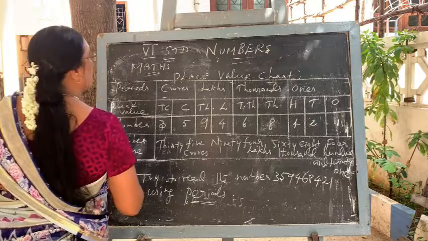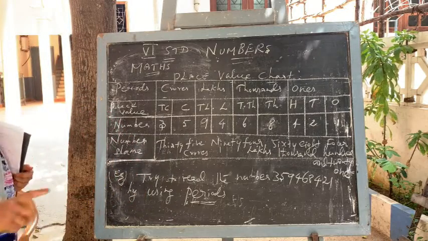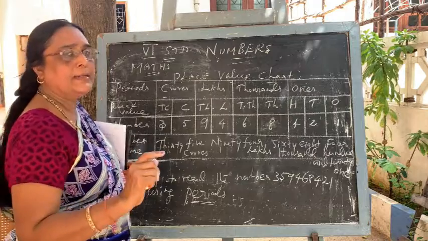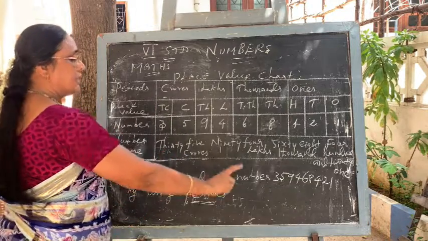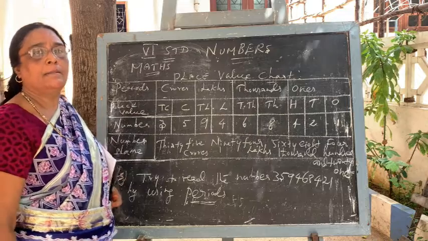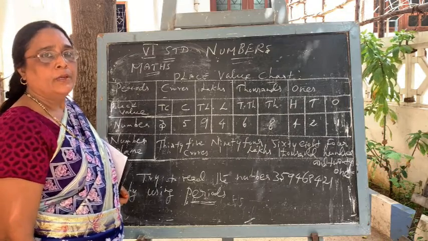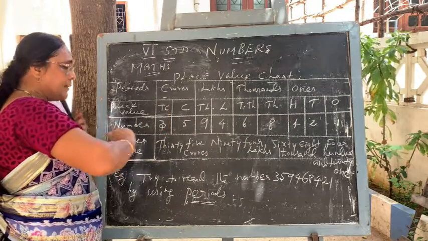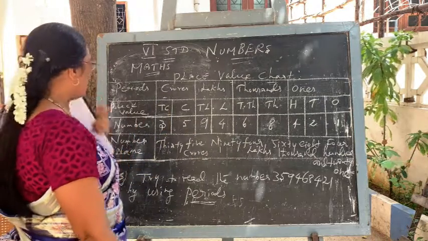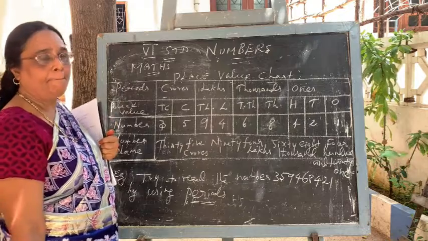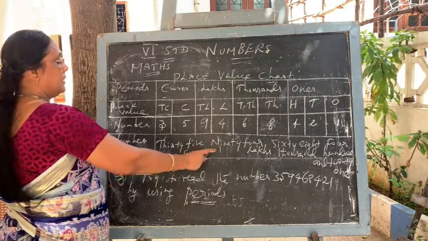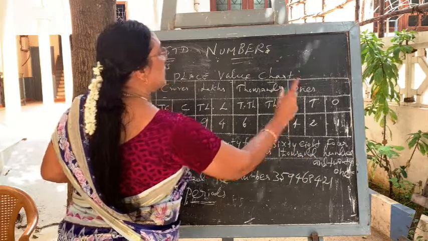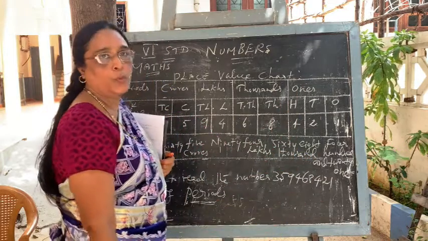Now all of you clear, children? How to read the given number. Try to read the number and how to place the place value. If you can read the number and write the place value, then you can say the number name. Now see that 35 crores, 94 lakhs, 68,421.